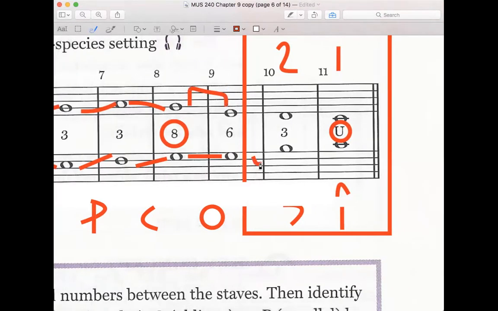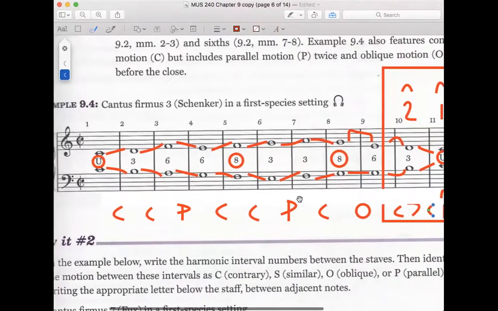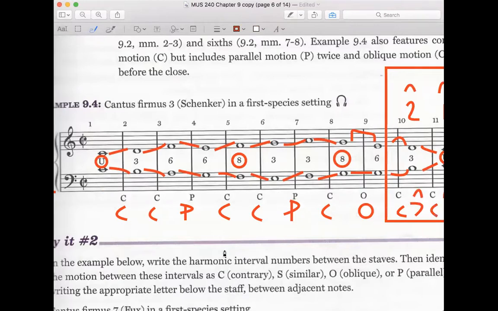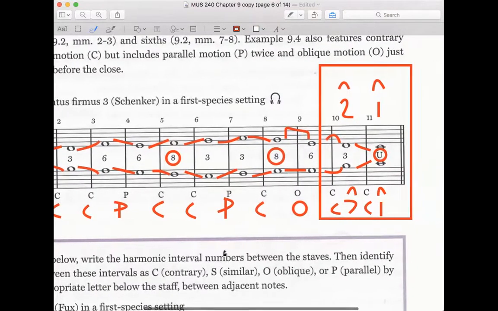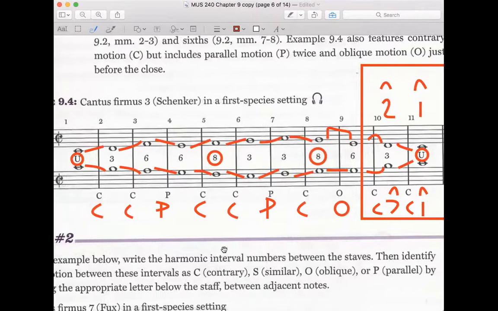And again, this is skipping. This is stepping. Okay, that's also contrary. C for contrary. And lastly, voices moving in. That's contrary. Okay, sorry, it's getting a little messy here. And let's see how I did. Okay, so these are all the same answers that we marked in.